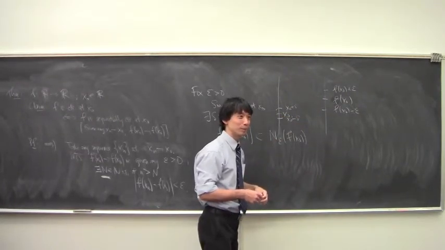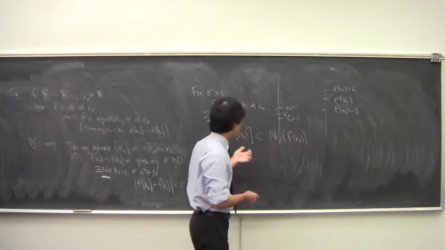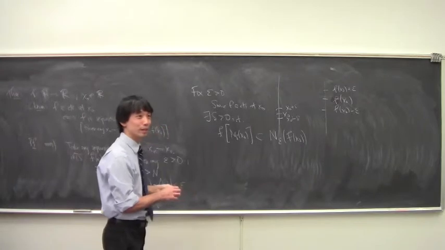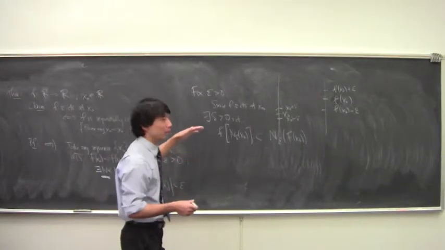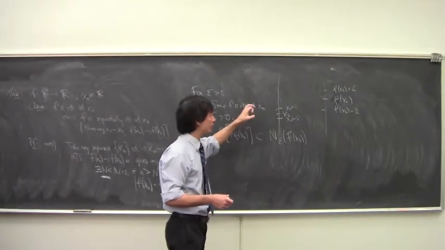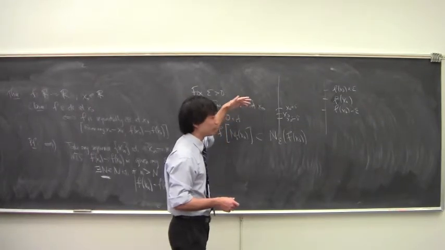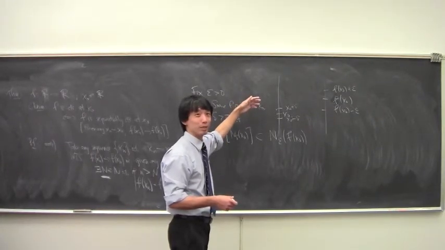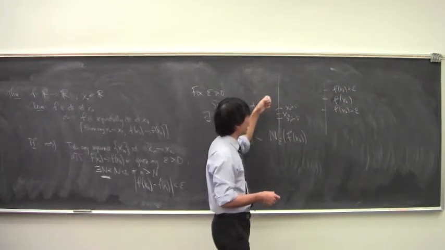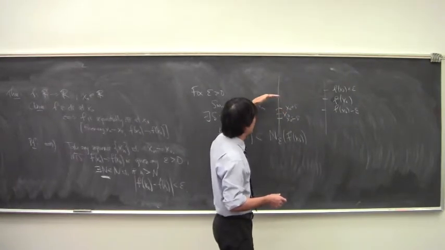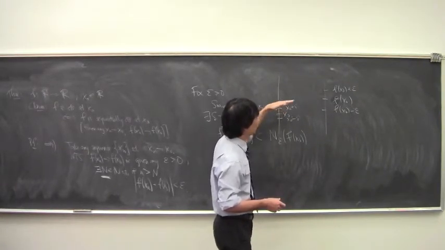Is the picture clear? John, you said done, so tell me what picture you have in your head. We want to get an n, a time past which all the outputs lie inside there.